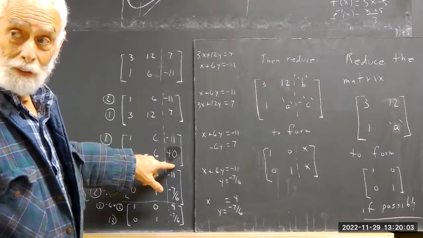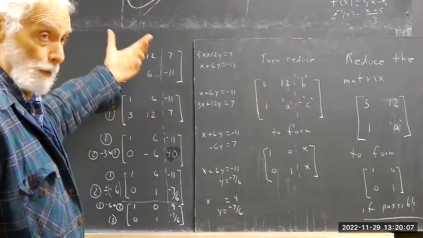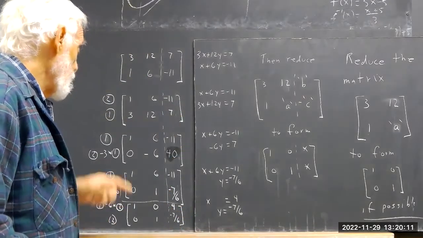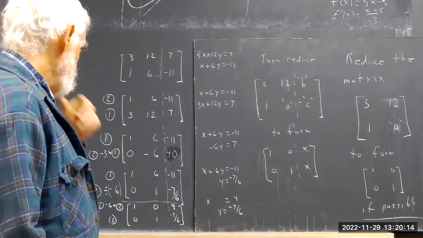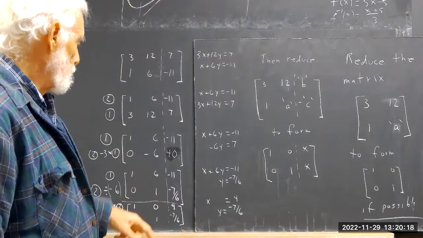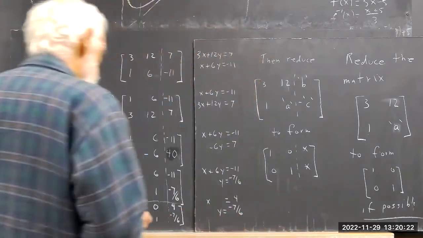Okay, so I got 40 here. Double check that again. Negative 3 times 11 is 33. 33 and 7 is 40. Okay. Then when I divide this by 6, I get negative 40 over 6, which reduces to negative 20 over 3.